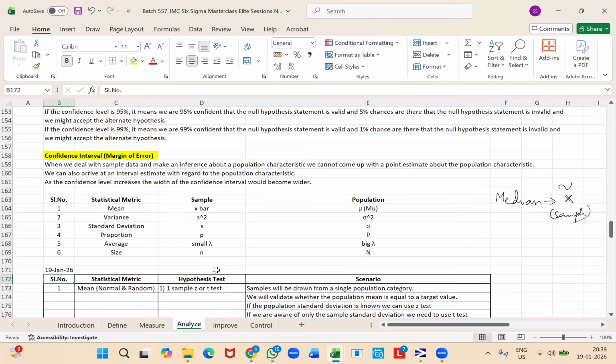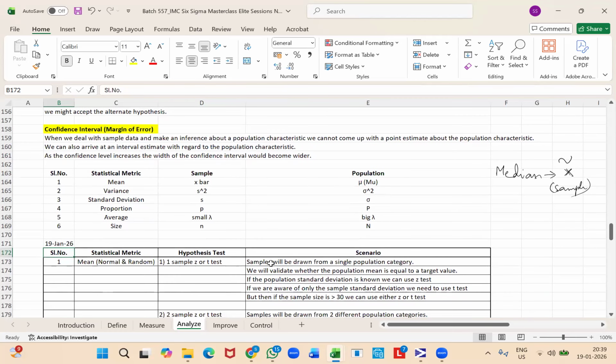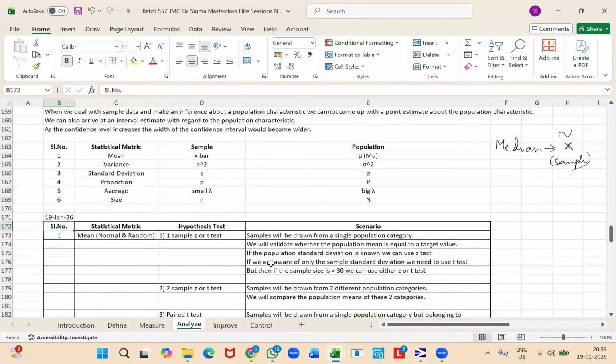So you'll be given a scenario and you'll be asked to identify the appropriate hypothesis test logic that you would apply for solving that case scenario, right? So hence you need to be familiar with the scenarios pertaining to all these hypothesis tests, right?